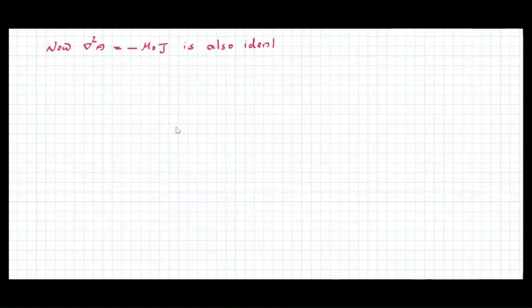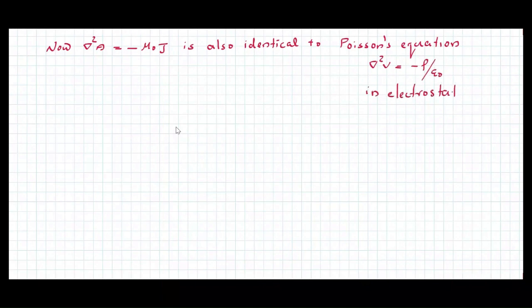Now to evaluate the vector potential, we have to solve the equation del square A is equal to minus mu 0 j. If we look at the equation, it is again identical to the Poisson's equation that we have seen in electrostatics. So this equation can be solved in the same way.